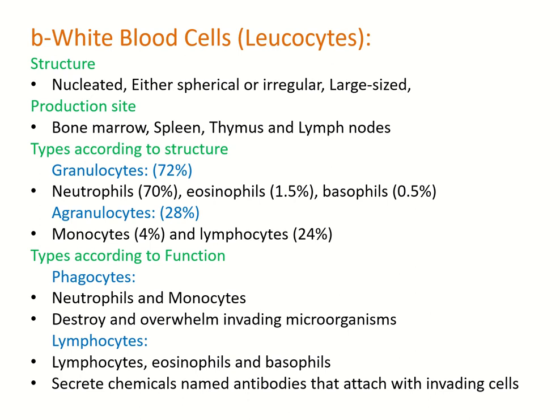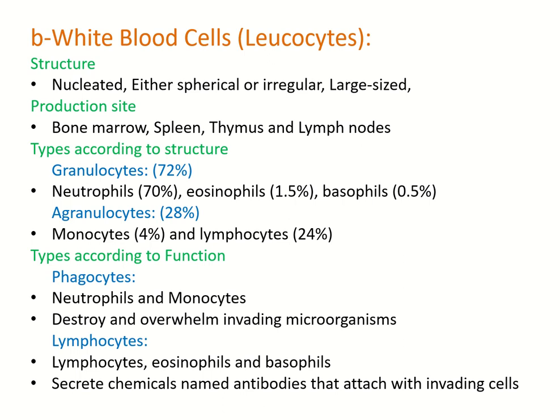According to the function, they are of two types. Their function can be phagocytic, means they are going to engulf the outer body, the outer organism, any kind of bacteria, any kind of virus, any kind of outer body which is going to enter within our body. By means of phagocytic function, they are going to kill that body, and these are neutrophils and monocytes, while the other function is lymphocytic.